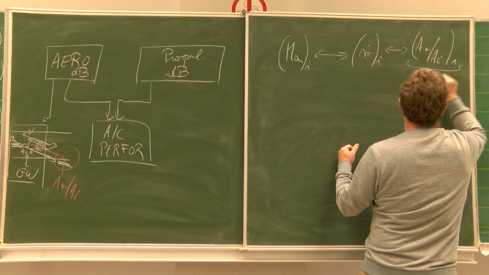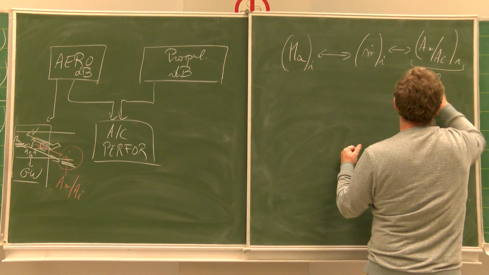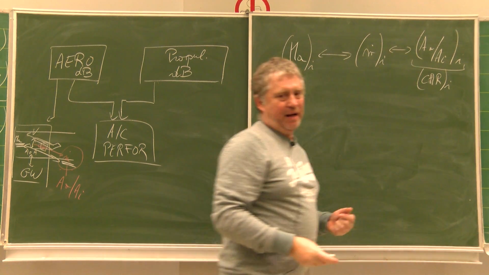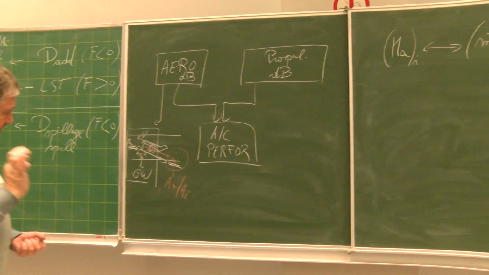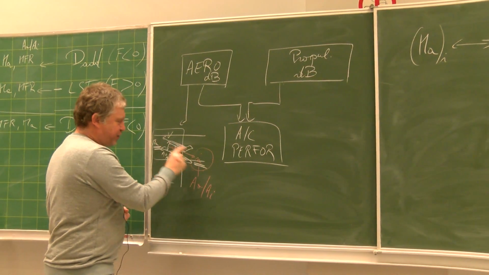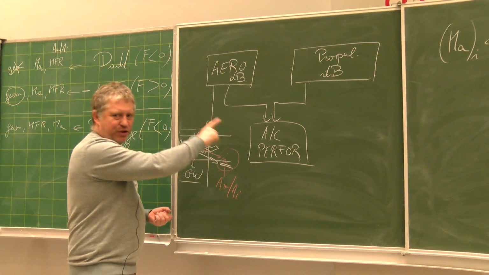This is what we have called the capture area ratio. And so they will define for each Mach number a certain m dot, a certain capture area ratio, and they will do the testing.